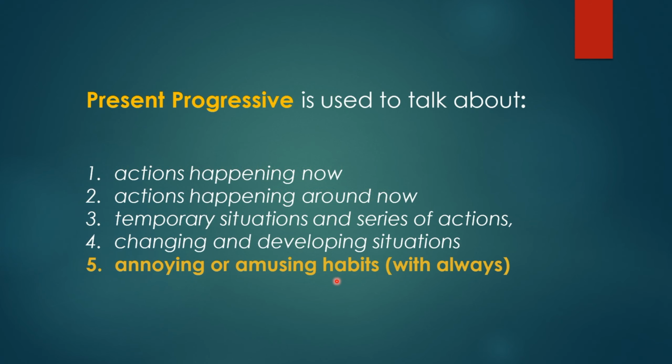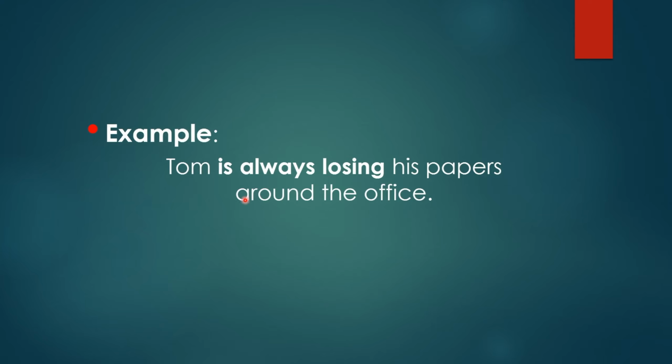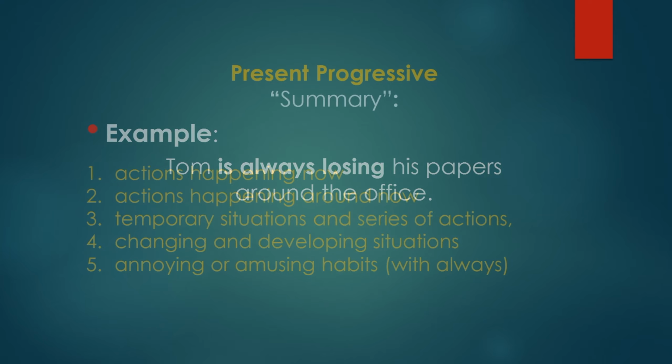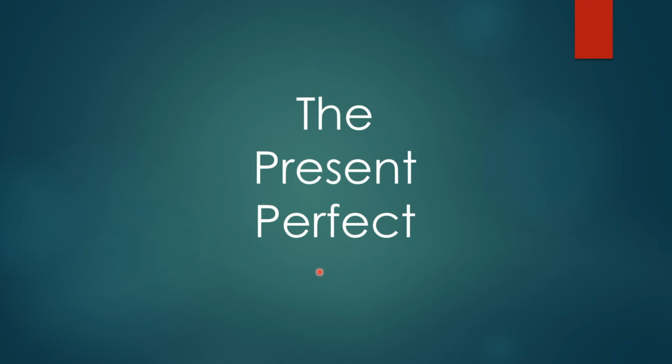And finally, annoying or amusing habits. Usually with always. Tom is always losing his papers around the office. Well, as you see, all these 5 situations have one thing in common. Something is in progress during their happening.